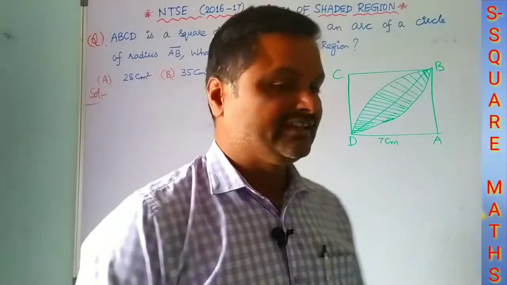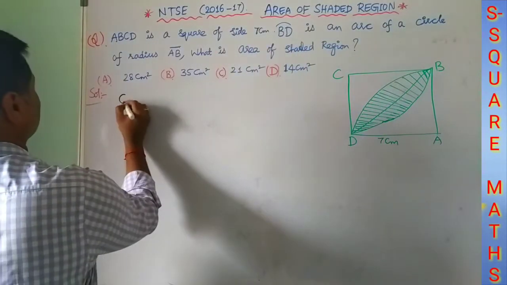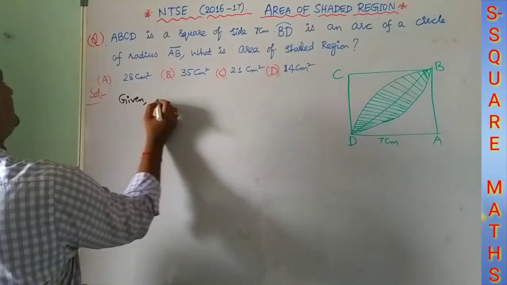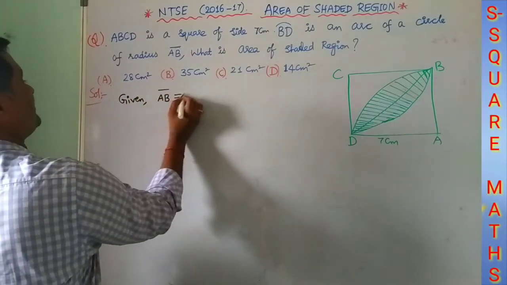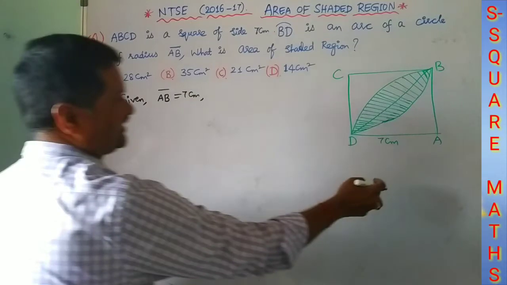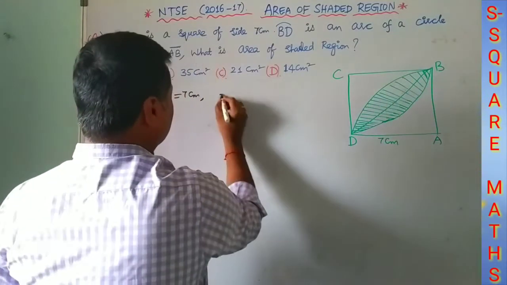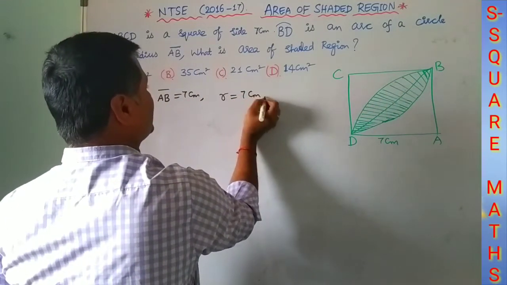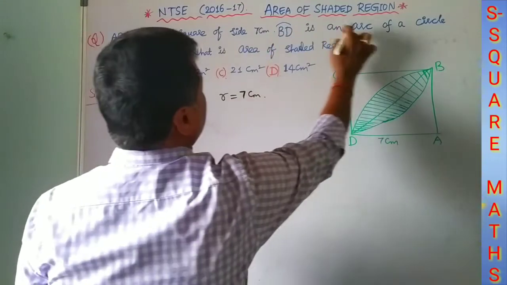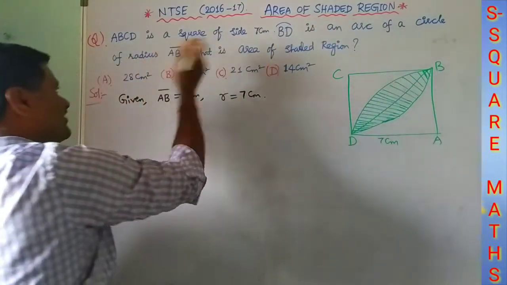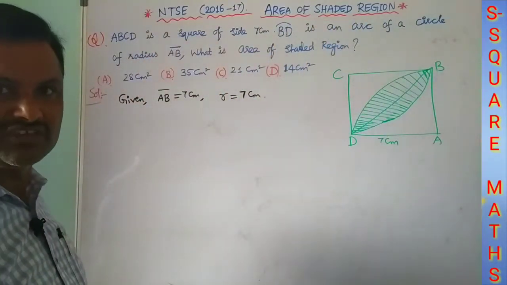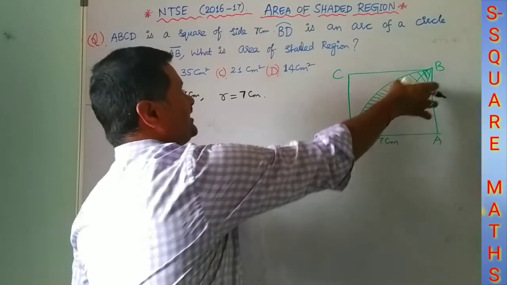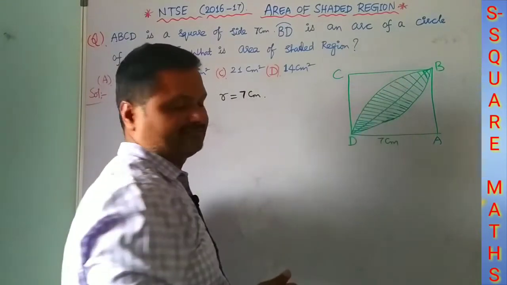So here given, AB is equal to 7 centimeters, the side of the square, and the radius is also given as 7 centimeters. So we have to determine the area of the shaded region.